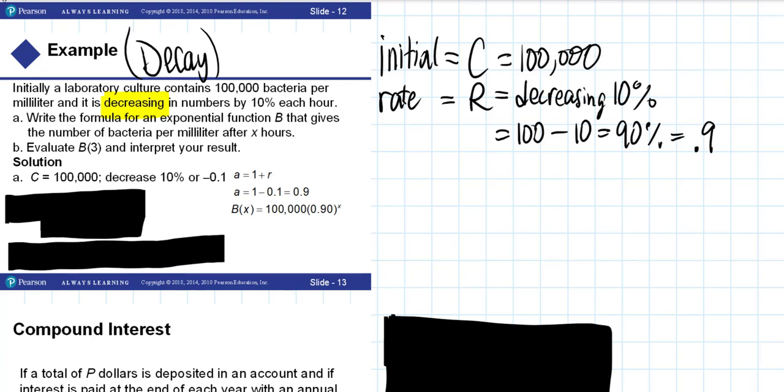So your rate is 0.9, okay? They use the letter A, remember, for that growth factor or the decay factor. So decay factor equals 0.9.